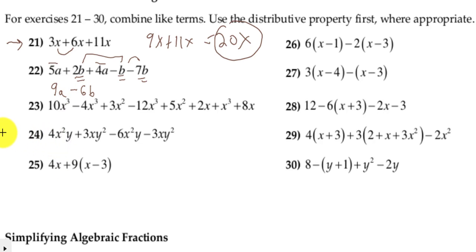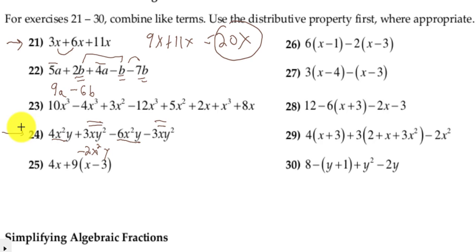Now, let's take a look at 24. All right, so I see x's and y's, but you have to look, the exponents have to match, right? So I have x squared y. This one doesn't work. I have negative 6x squared y. So I can put those together. So 4x squared y minus 6x squared y is negative 2x squared y. And then when I look at the 3xy squared, looks like I have 3xy squared minus 3xy squared.